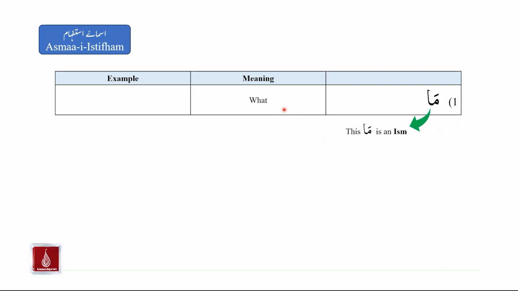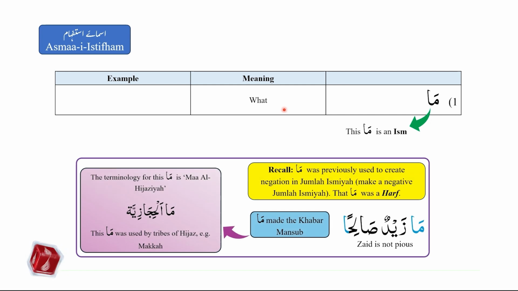Please also recall that we studied another type of ma which was used to create negation in Jumla Ismiya. That is, it was used to make a negative Jumla Ismiya. That ma was a harf, and that ma was called ma al-Hijaziyah. That ma made Zaidun Salihun into ma Zaidun Salihan. Zaid is not pious.